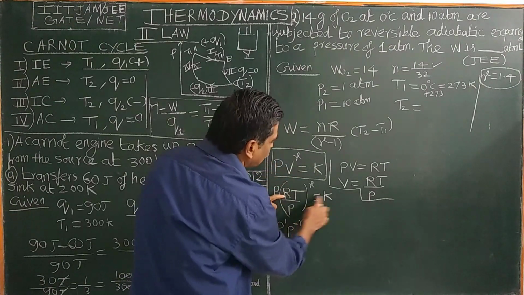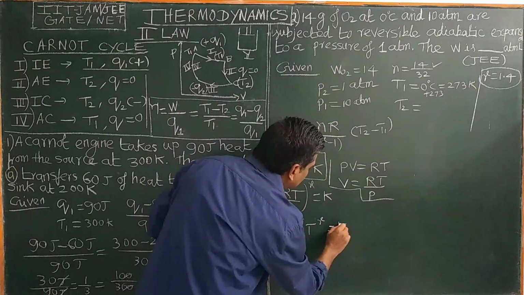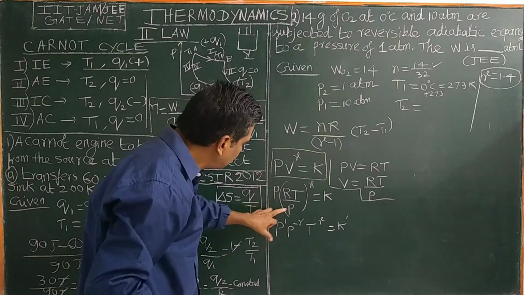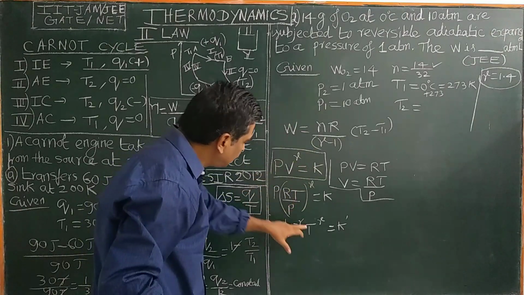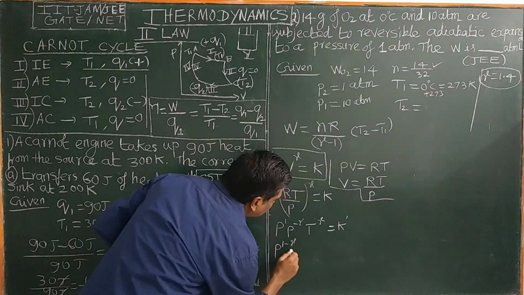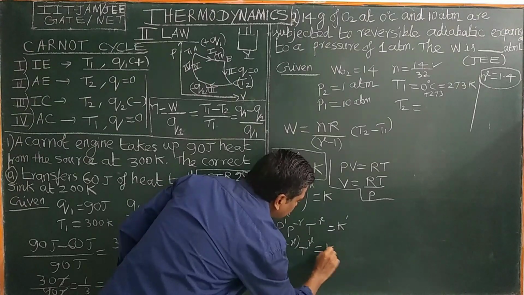R is a constant, so you can take it out, therefore equal to another constant. Therefore, P to the power 1 minus gamma times T to the power gamma equals constant.